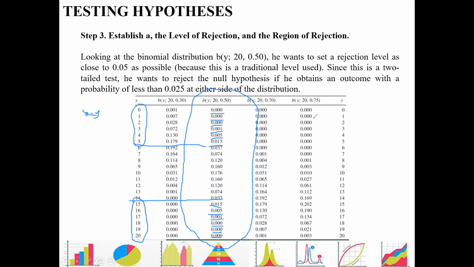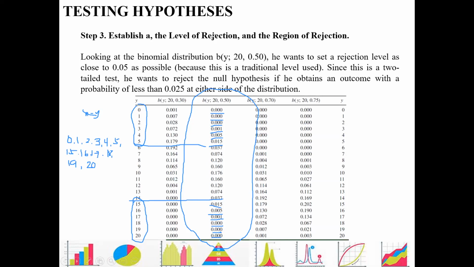So ang ating region of rejection is 0, 1, 2, 3, 4, and 5, and 15, 16, 17, 18, 19, and 20.